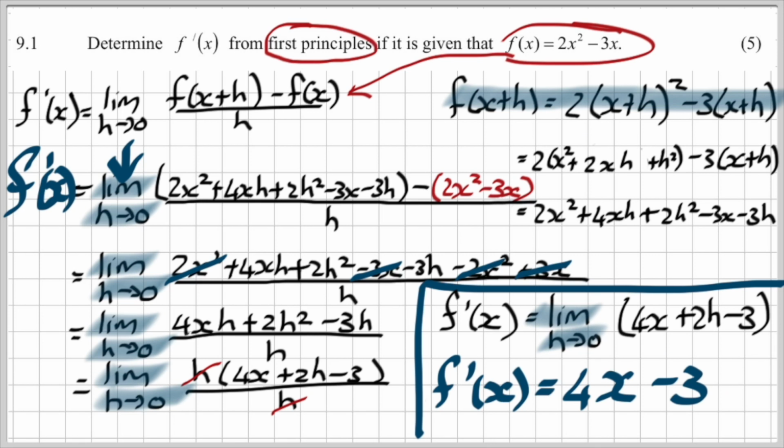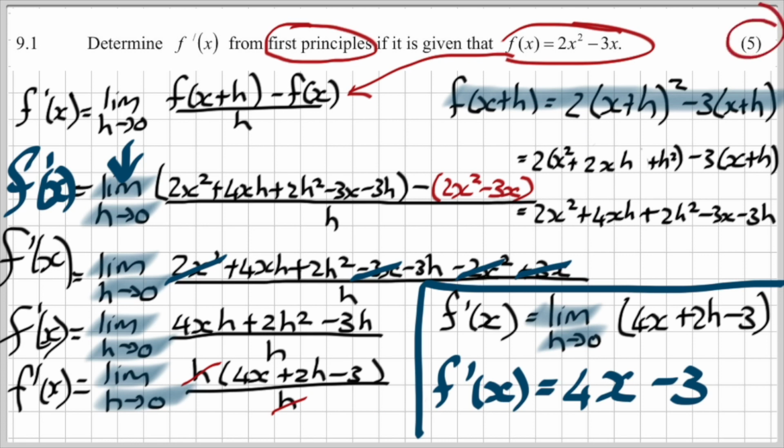So actually, if I were you, I would go and write f accent x every single time on the left until the final answer. Every single time, so you don't forget about it. I know it's a bit of extra work, but ladies and gents, that's 5% of your exam.